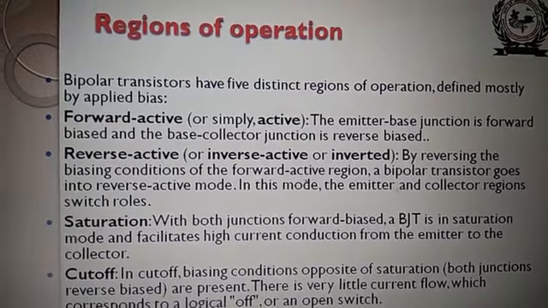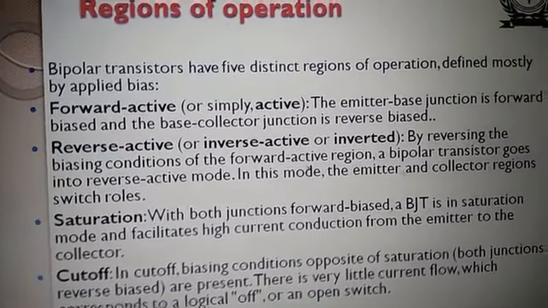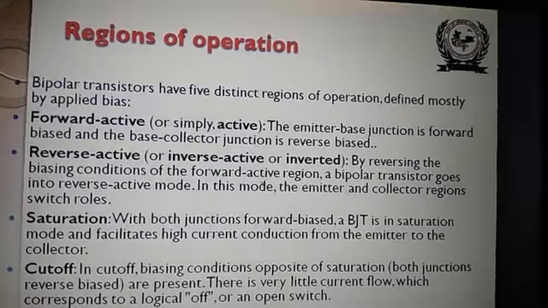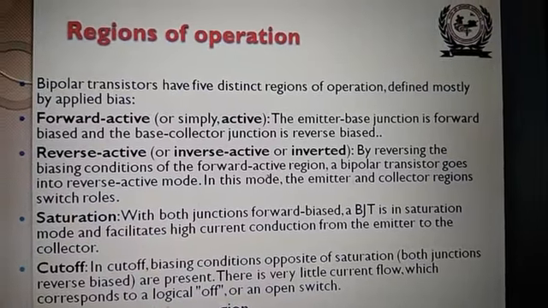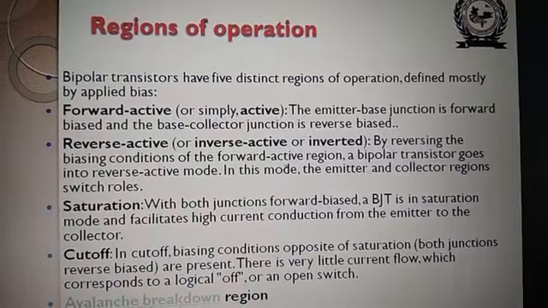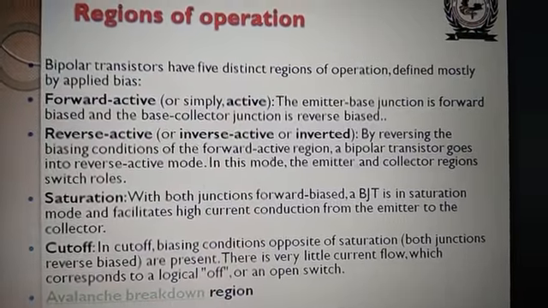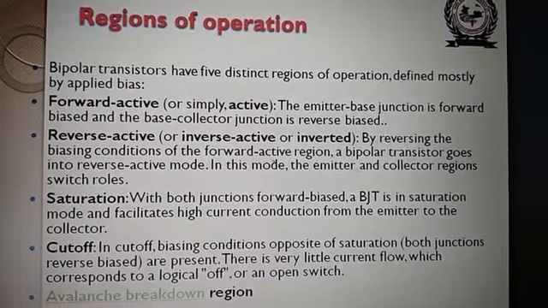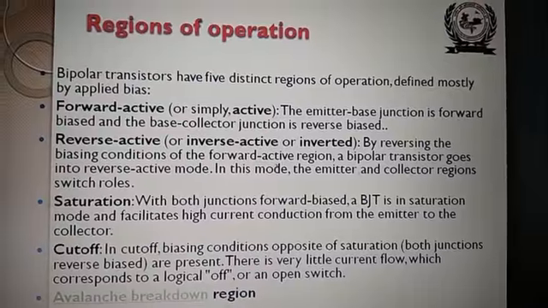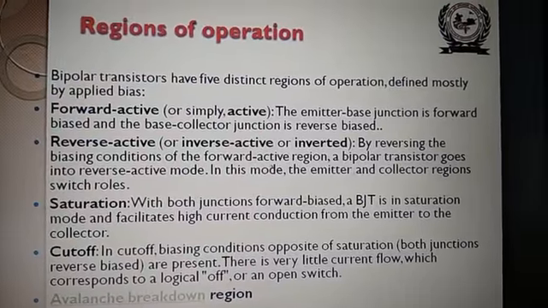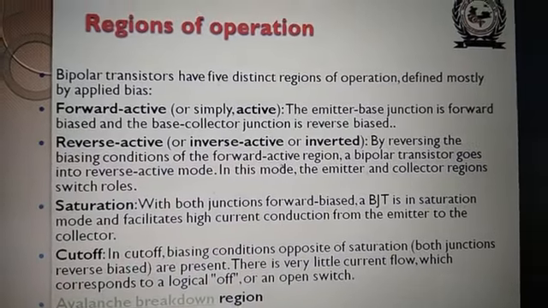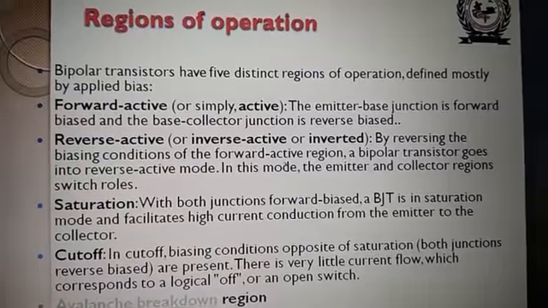As we have seen, the base to emitter junction is normally forward biased, and the base to collector junction is reverse biased for the normal operation of the transistor. But if we change the biasing, what will be the operation of the transistor? These are called the regions of operation.